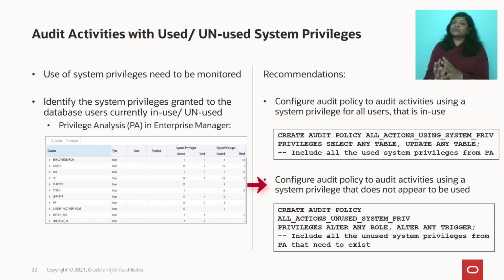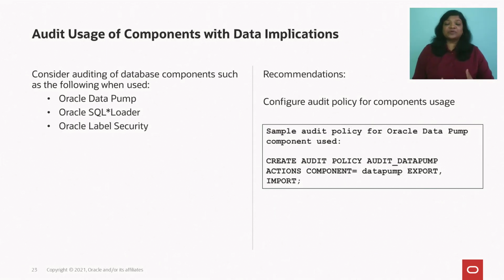So the second audit policy closely monitors the unused system privileges to confirm if they can safely be revoked from the users. For components with data implications, consider auditing of database components such as Oracle Data Pump, Oracle SQL Loader when these are being used. A sample audit policy to monitor data pump operation might look like the one illustrated here.